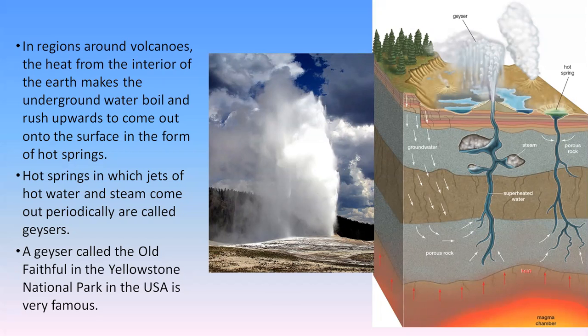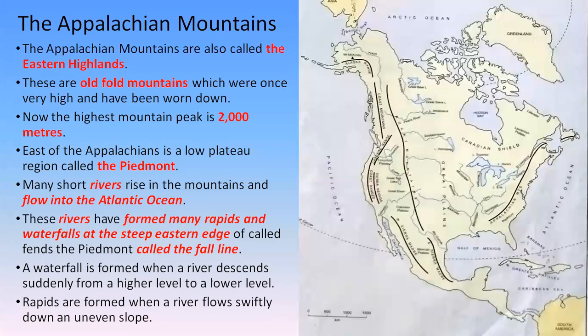So we found all these features in the Western Cordillera region, and we came to know about the Appalachian Mountain ranges. They are on the eastern side of North America, with a maximum height of about 10,000 meters above sea level, and they are a kind of old fold mountain. On the eastern side of the Appalachian range, called Peat Mound, there are some short rivers.